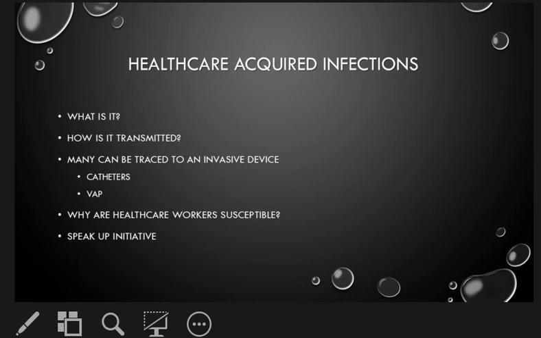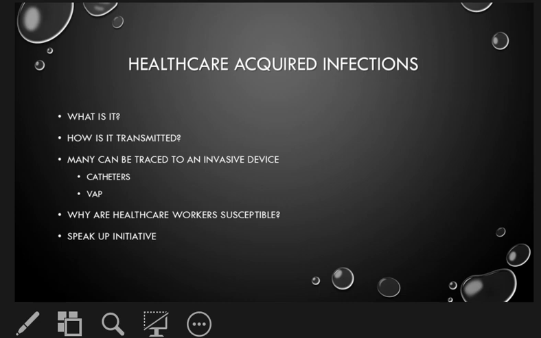Healthcare acquired infections. Some of you may have heard of these. These are basically infections that a client acquires while receiving care in a healthcare setting. They're also known as nosocomial infections. They come from an exogenous source, from outside the body. They're transmitted through contact.